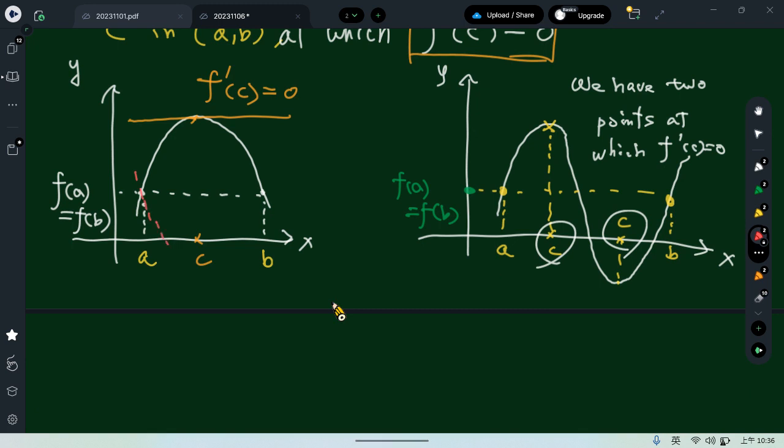Maybe in the beginning it climbs down, but since f of A is equal to f of B, you must climb up, then reach the other point, so that f of A is equal to f of B. So in this case, you can find another point, C here, f prime C is 0, right? So if the start point and end point have the same function value, then it must pass through a procedure of climbing up, then climbing down, or climbing down, then climbing up.